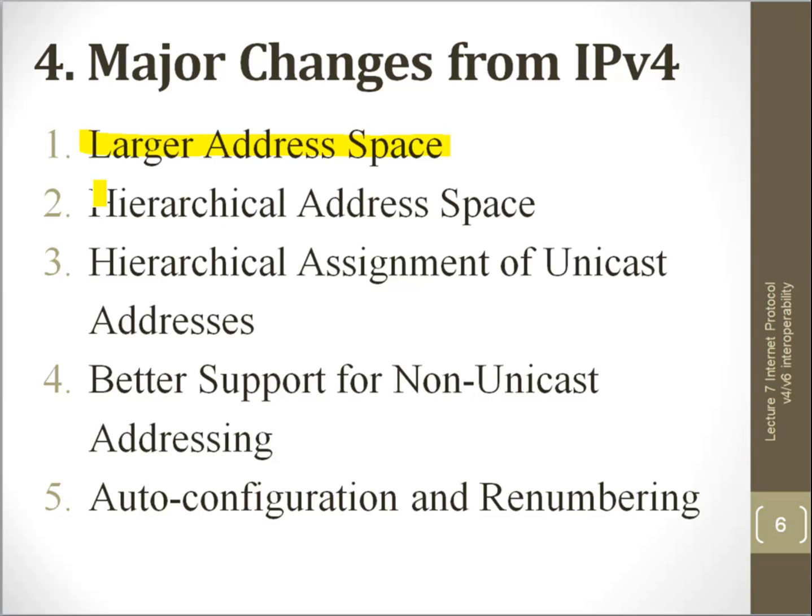Then it has a hierarchical address space, so some hierarchy will be maintained. Then hierarchical assignment of unicast addresses, which we discussed in the previous slide. Then better support for non-unicast addressing: other than unicast, it supports multicast and also anycast.